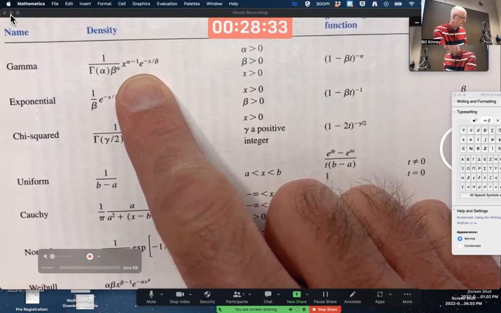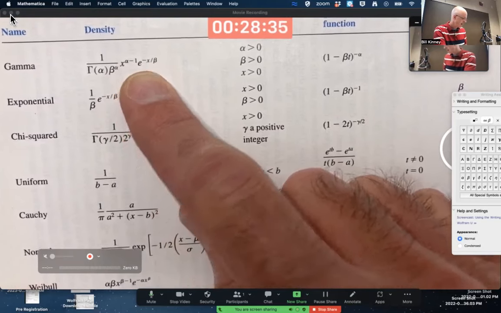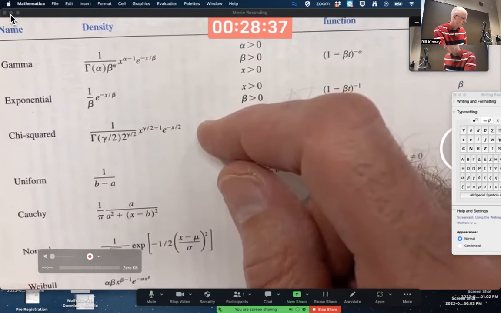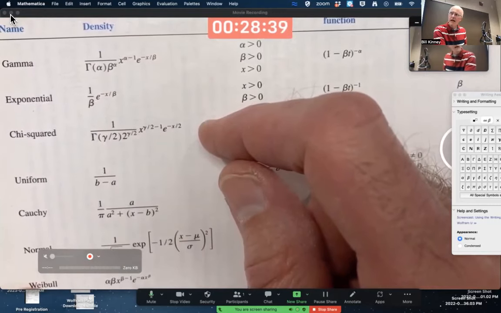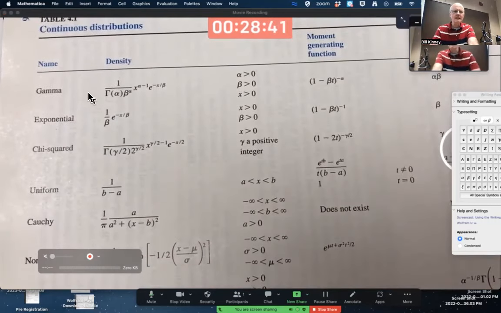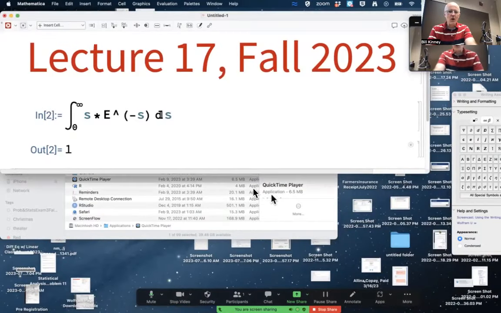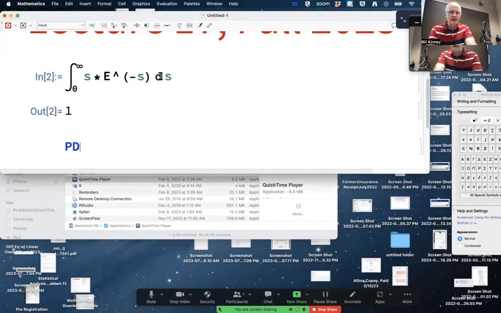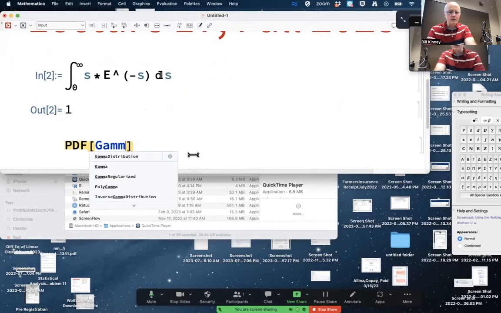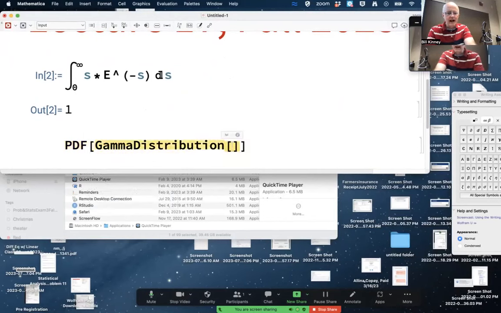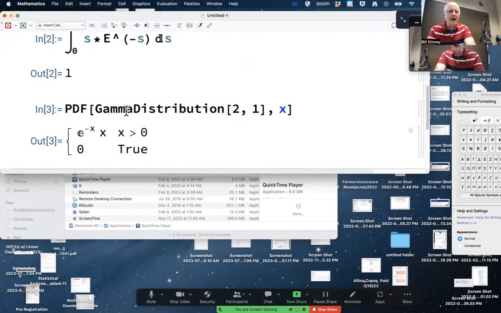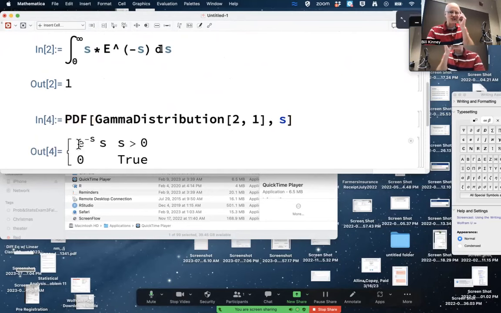Gamma distribution, alpha equal to 2, beta equal to 1. Is that right, Mathematica? Tell me, is it right? I gotta know. Mathematica, PDF, gamma distribution, alpha equal to 2, beta equal to 1. Yeah, match.